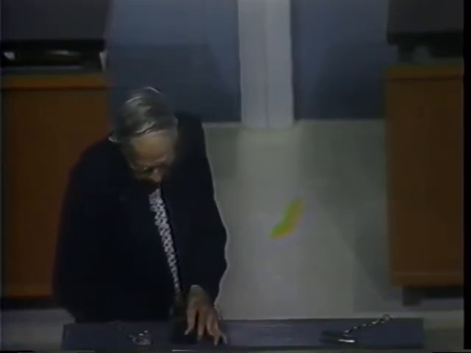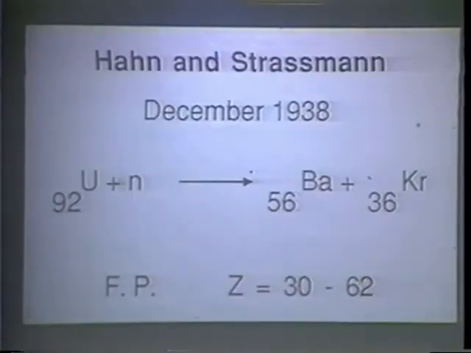And they studied these for a number of years until in 1938 they found that one of the elements actually had an atomic number down in the middle of the periodic table, and that what had actually taken place was nuclear fission.